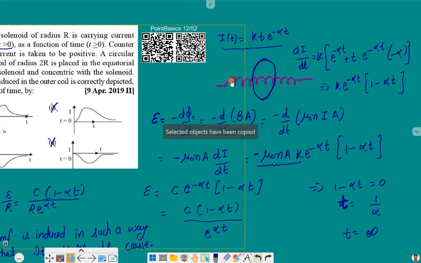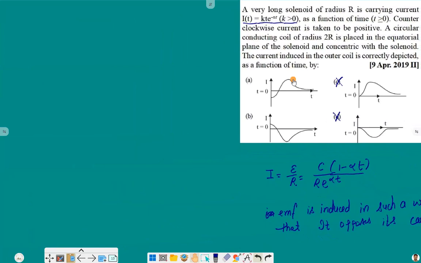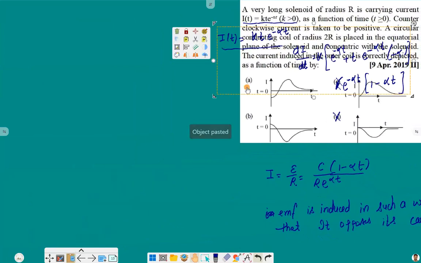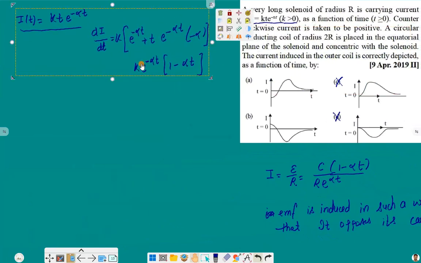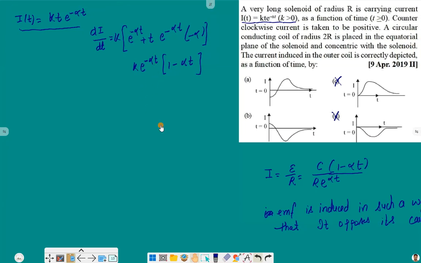So copy and paste it here. This is our first derivative of the current through the solenoid. Now let's find the second derivative. So the second derivative, d square I by dt square, will be equal to k as it is, times the derivative of this: e raised to power minus alpha t into minus alpha, with (1 minus alpha t).